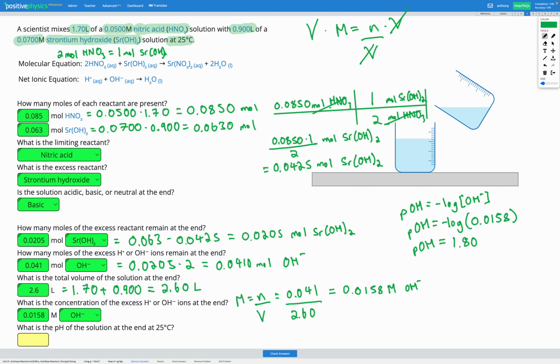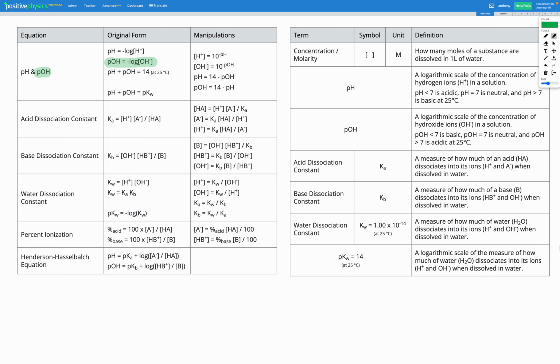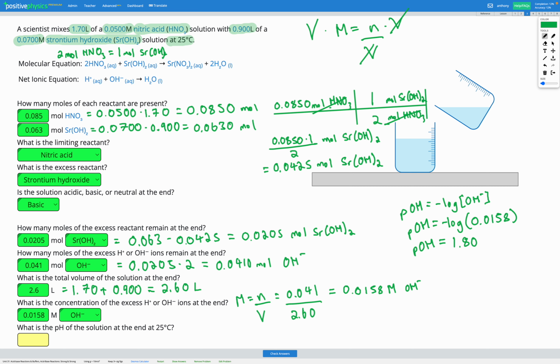So let's head back to our reference sheet. Here's our equation that tells us the relationship between pH and pOH at 25 degrees C. And our question tells us at the top that we're at 25 degrees C. So we can use that equation. The equation was pH plus pOH is equal to 14. We want to rearrange this to get pH as the subject.